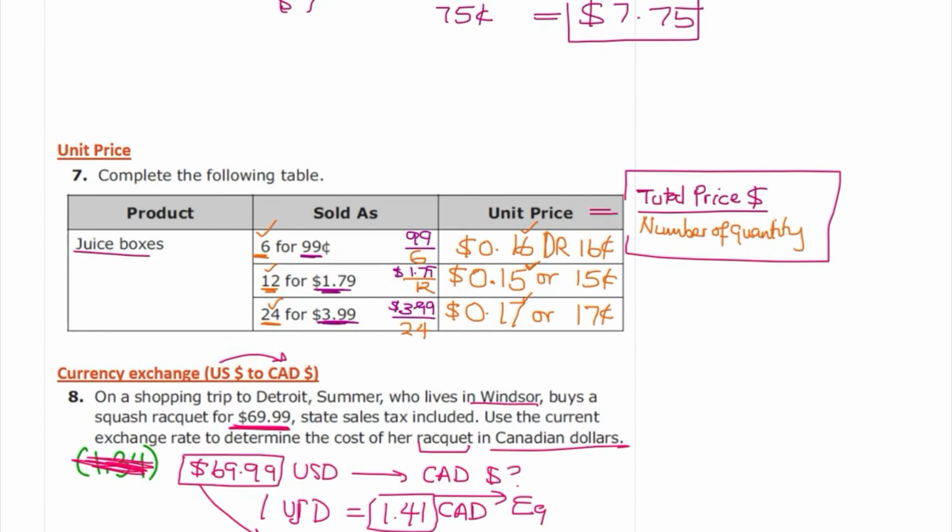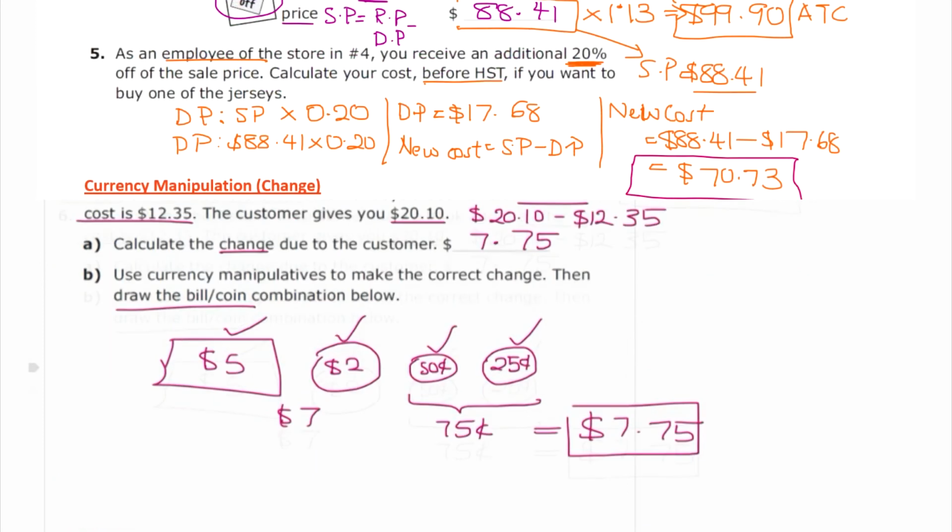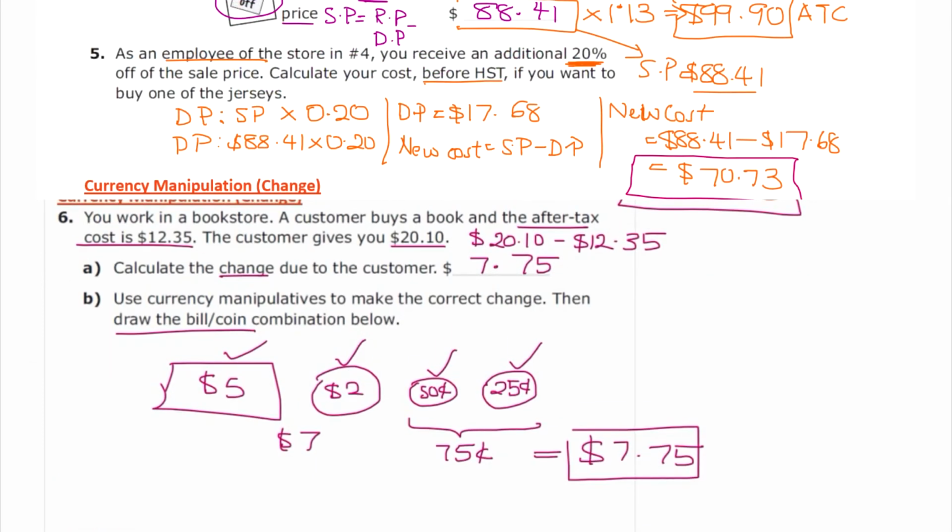You know how unit price works, for example when you have 50 candies that cost $50, how much is one candy? We also looked at currency manipulation, which is how to pay change to a customer using the right bills or coin combination.